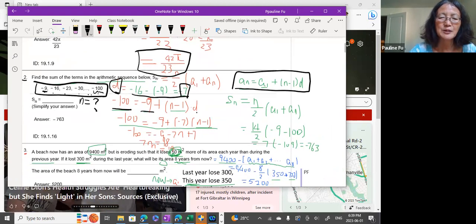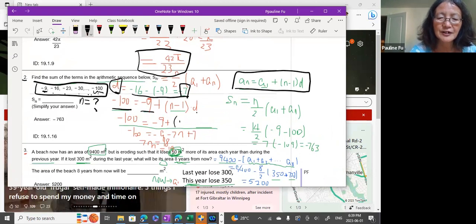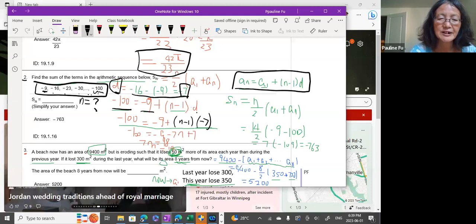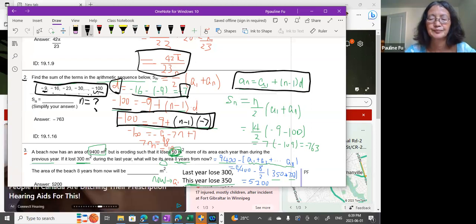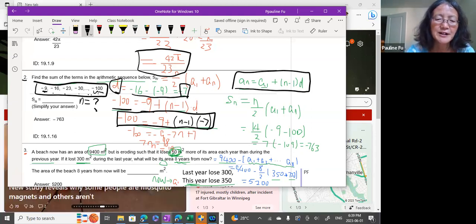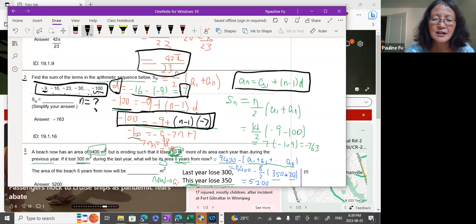So plug in. n minus 1 times d, where d is negative 7. Here you have one equation, one unknown, so you can solve for n. Copy down the left-hand side, negative 100. The right-hand side is negative 9. n times negative 7 gives negative 7n.